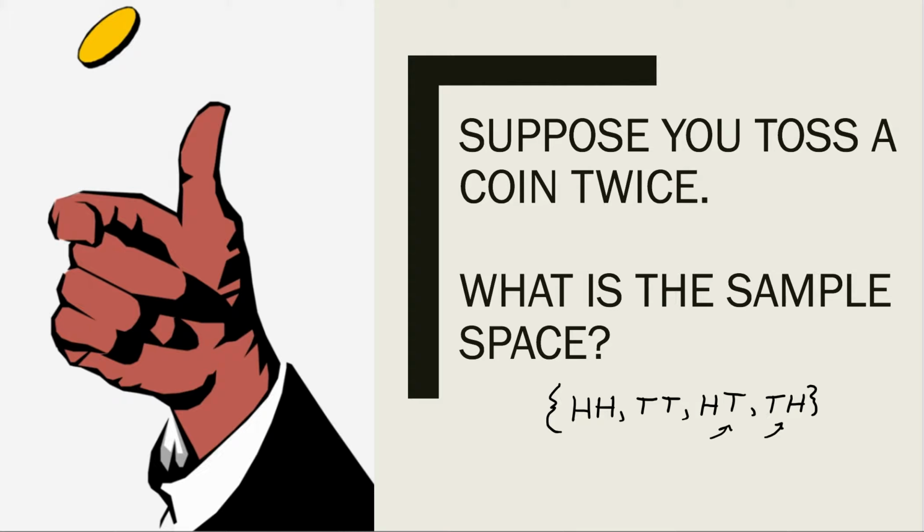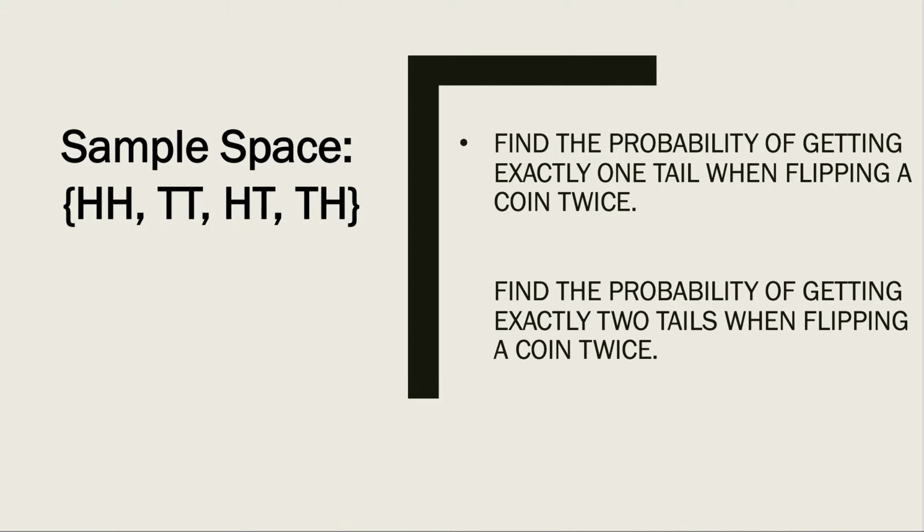All right, so now that we know the sample space, let's look at a couple of probability problems. I've transferred our sample space over to this new slide. Our question first asks us to find the probability of getting exactly one tail when flipping a coin twice. We look at our sample space and determine how many of these outcomes are favorable.